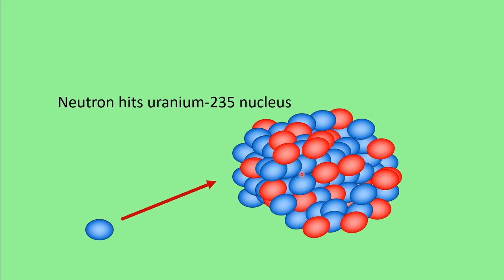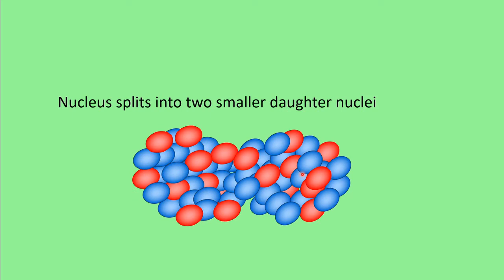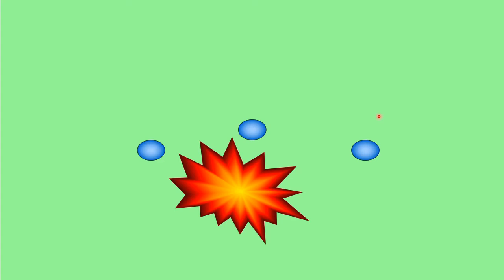It becomes a heavier, unstable atom or nucleus. So it splits into the two smaller nuclei, which go off into the reactor. 3 neutrons are released and a lot of energy. Now it's this energy that we can use to then run a power station, but the 3 neutrons go off into the reactor as well.